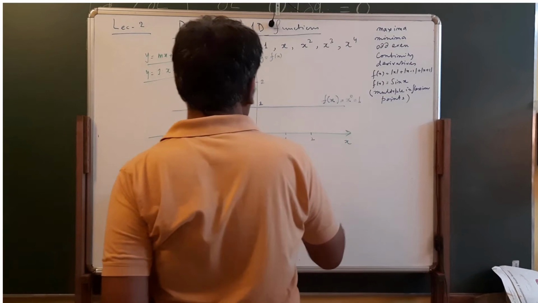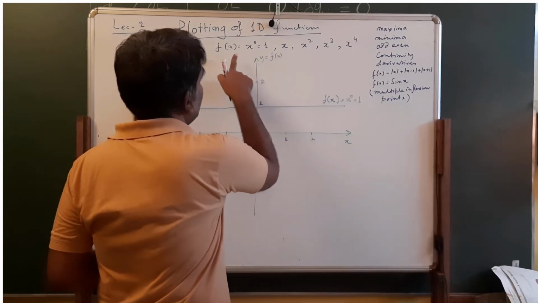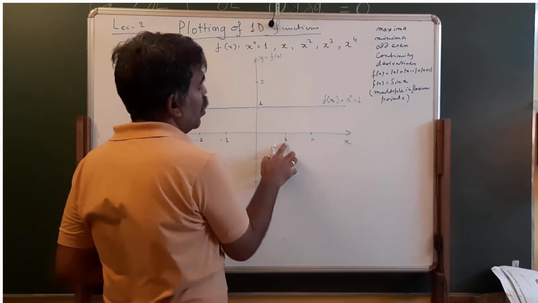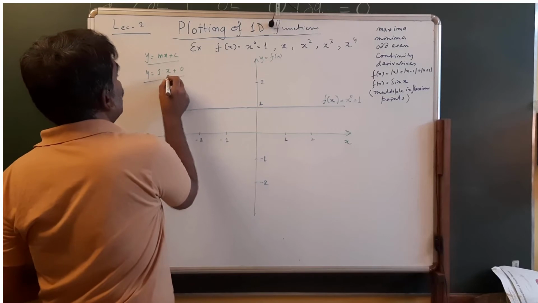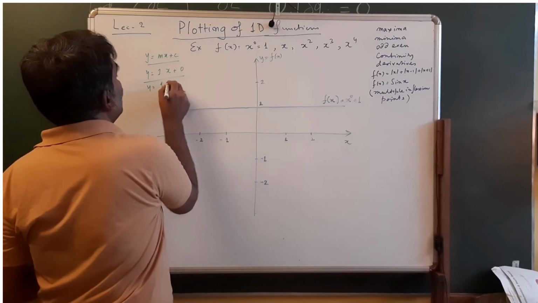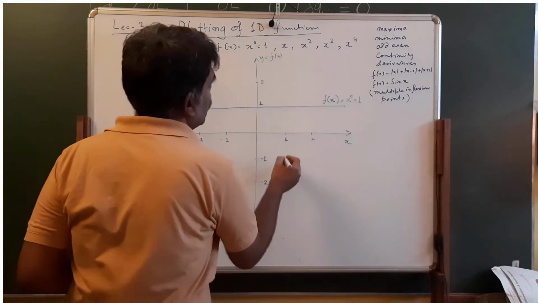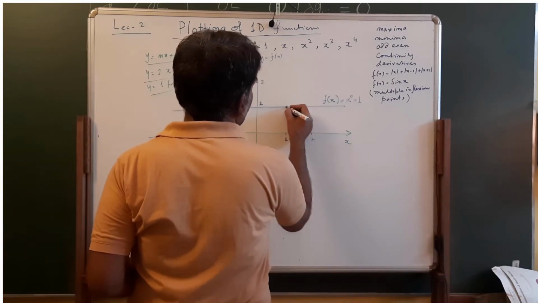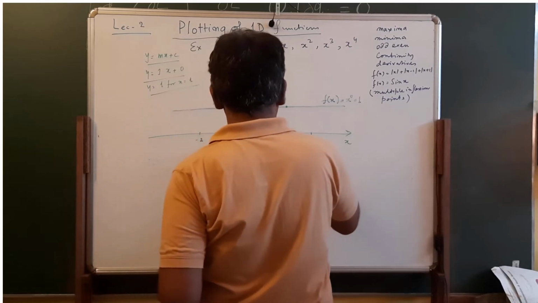So this is a straight line. Now the important thing is this curve: when the value of x is 1, y equals 1 for x equals 1. So that is the point where it cuts the previous curve, right? So this is the curve.